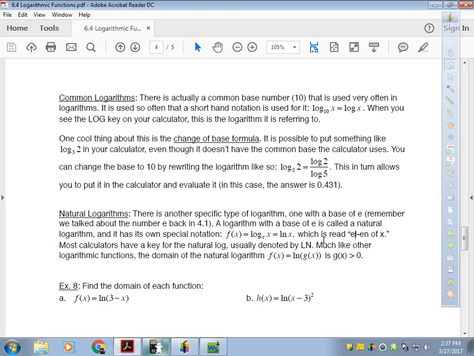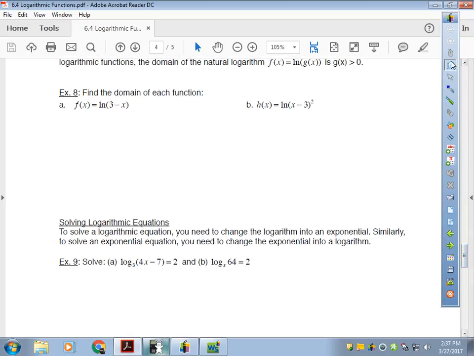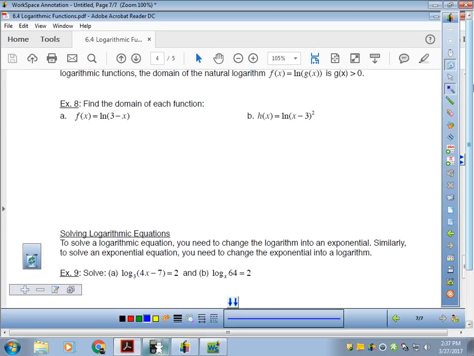Now, natural logarithms are the same as any other kind of logarithm when it comes to domain. Whatever is inside the natural log has to be bigger than 0. It's just one of those things. And so if we look here, example 8 asks us to find the domain of these natural logs. So for this one, we would say 3 minus x has to be greater than 0.